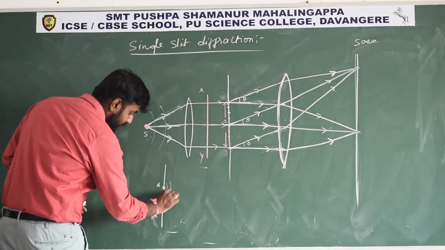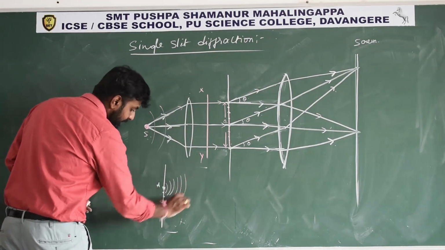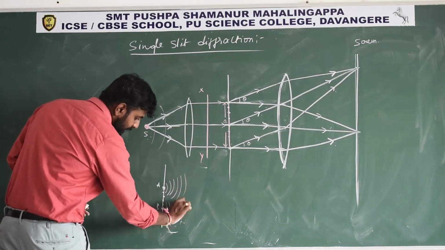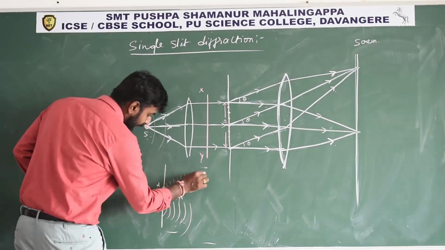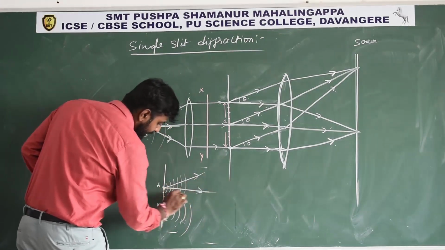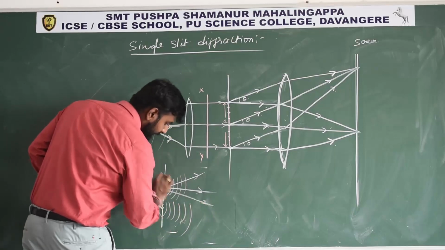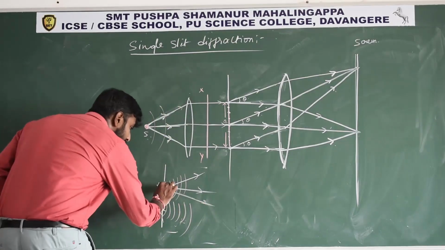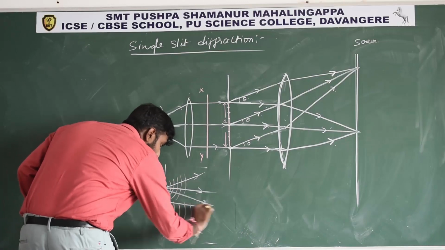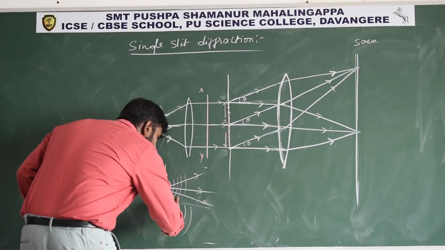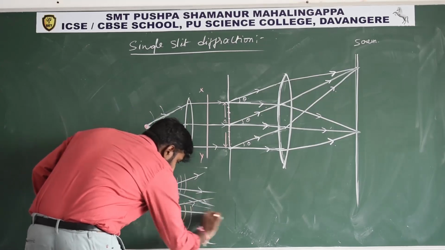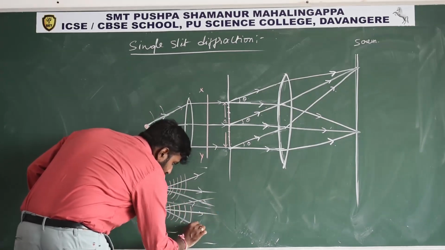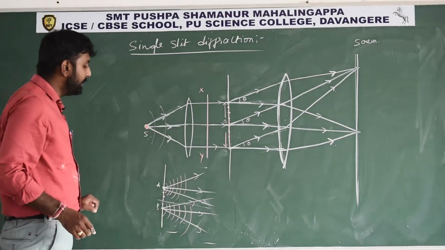Every source will send secondary wavelets like this. In these secondary wavelets, you can draw perpendicular lines, any number of perpendicular lines. From A point, these are the perpendicular lines, and these perpendicular lines represent rays of light. From B point also I am drawing perpendicular lines.